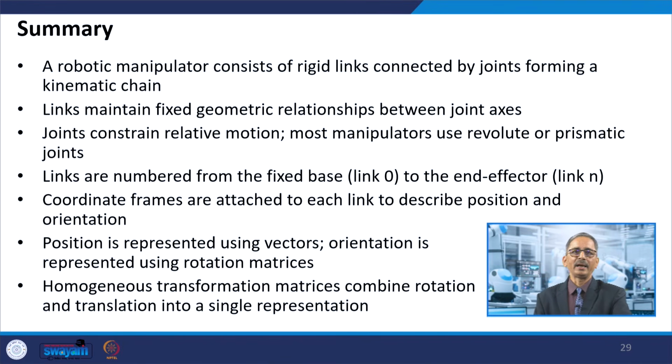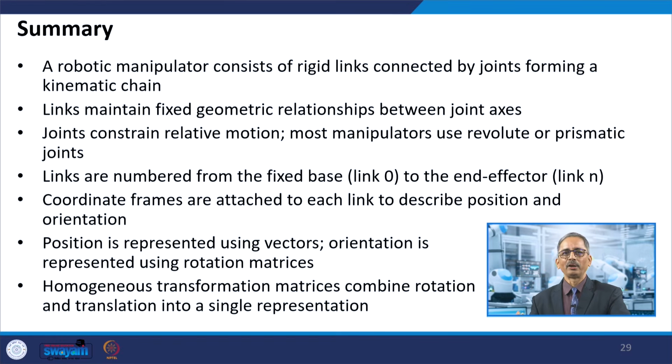So, let us summarize today's lecture. A robotic manipulator consists of rigid links connected by joints, and they form a kinematic chain. And links maintain a fixed geometric relationship between the joint axes, and joints constrain relative motion.